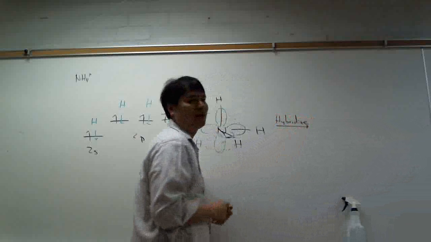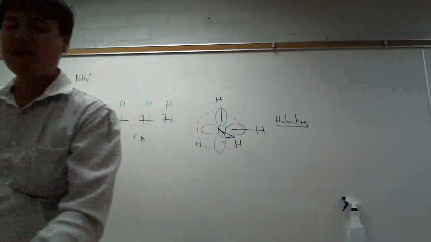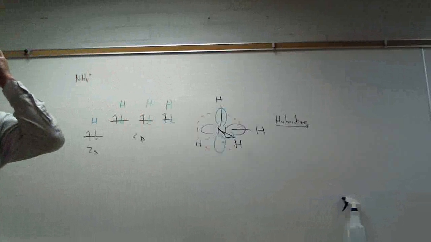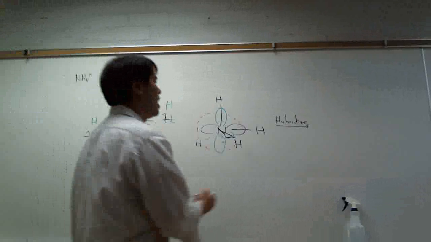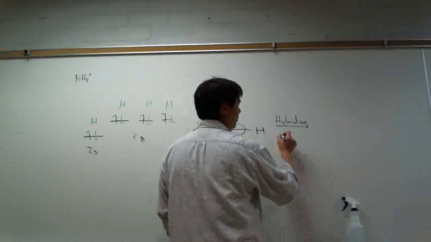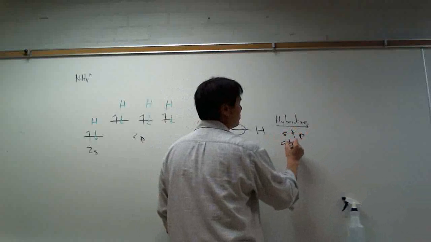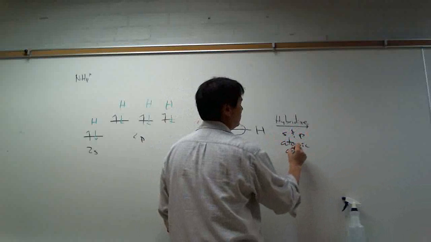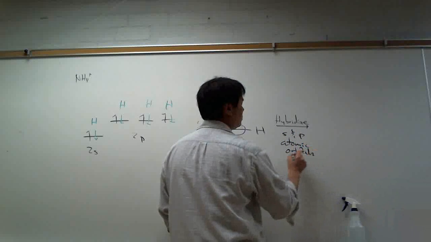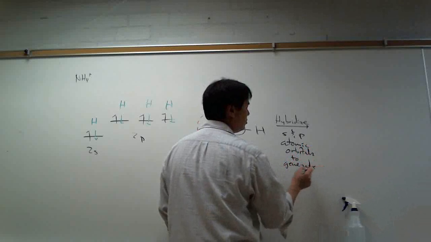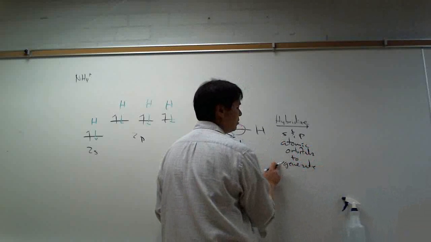We already talked about hybridization, but we talked about it in terms of resonance forms. This is hybridization in terms of atomic orbitals. And so we're going to hybridize the S and P atomic orbitals to generate new atomic orbitals, and these new atomic orbitals are called hybridized or hybrid orbitals.